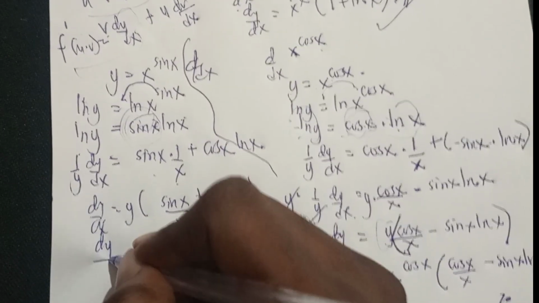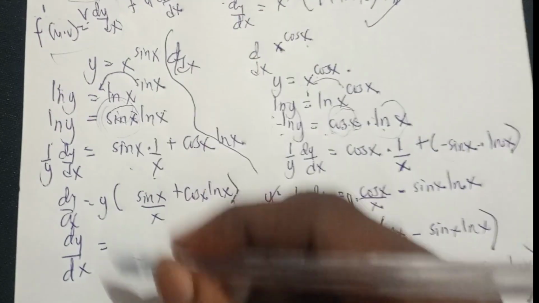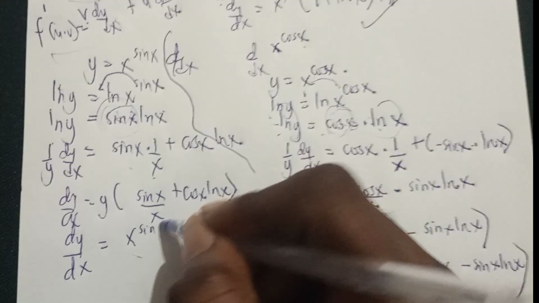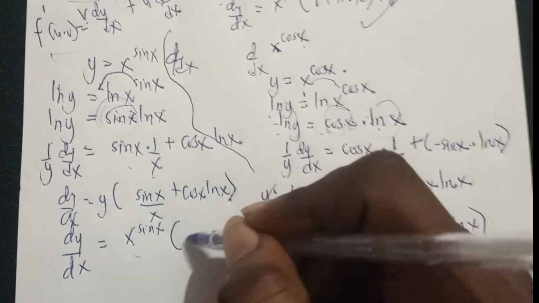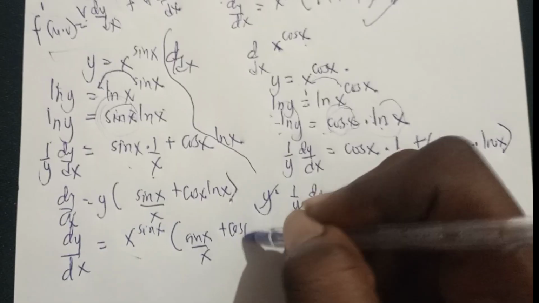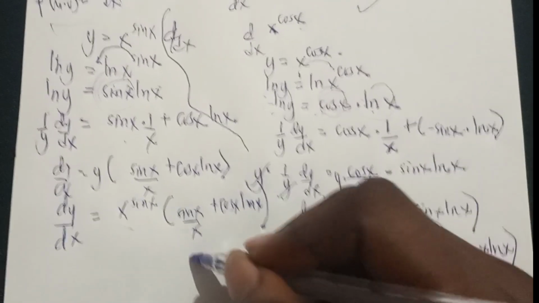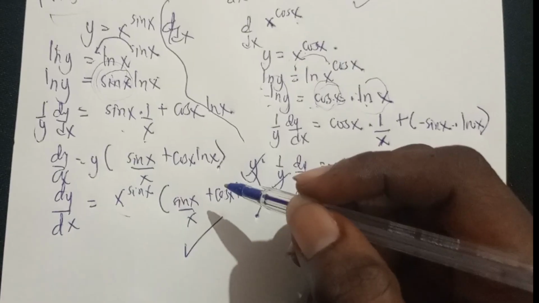So our dy/dx is x to the power sine x multiplying sine x over x plus cos x natural log of x. So this is our final answer.